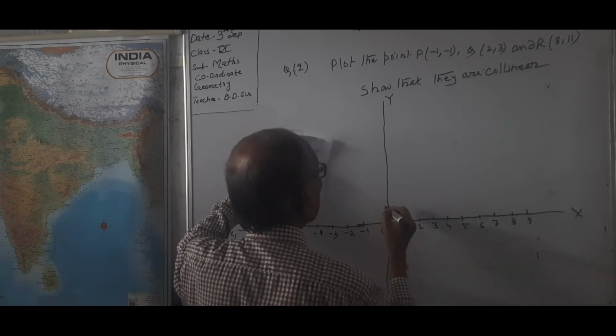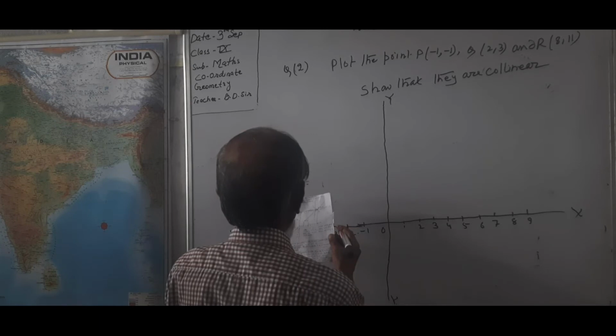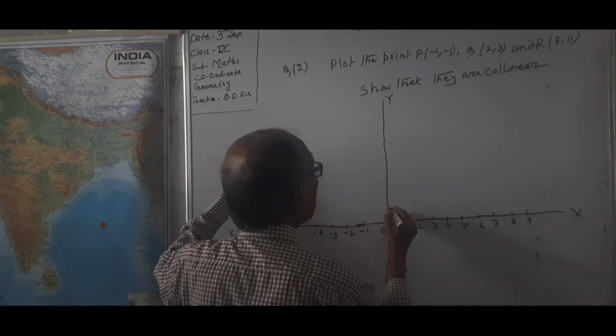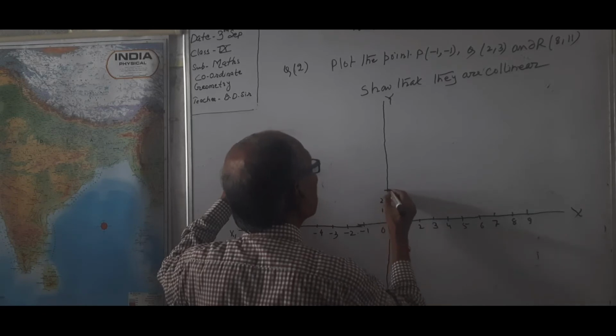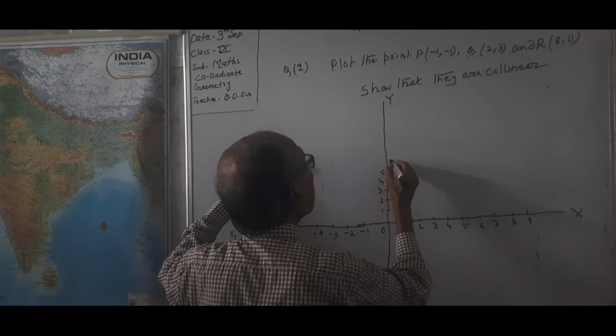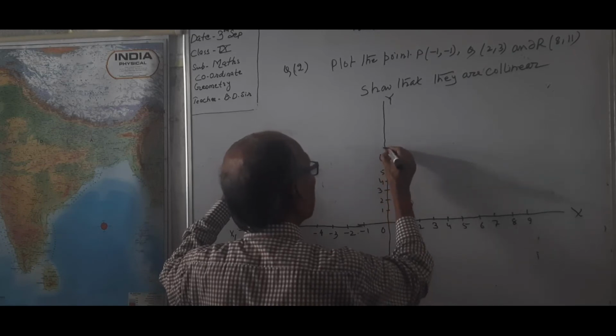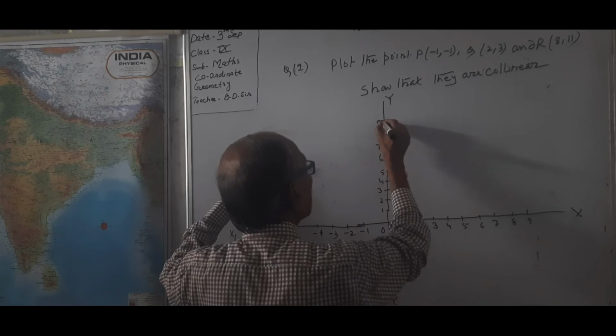And on the upper side of the y-axis, 1, 2, 3, 4, 5, 6, 7, 8, 9.